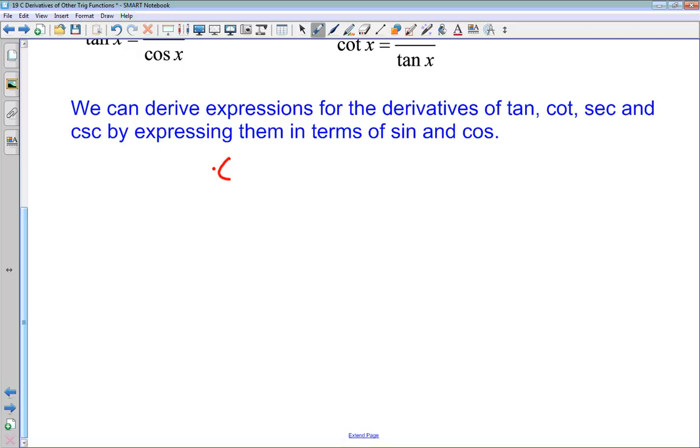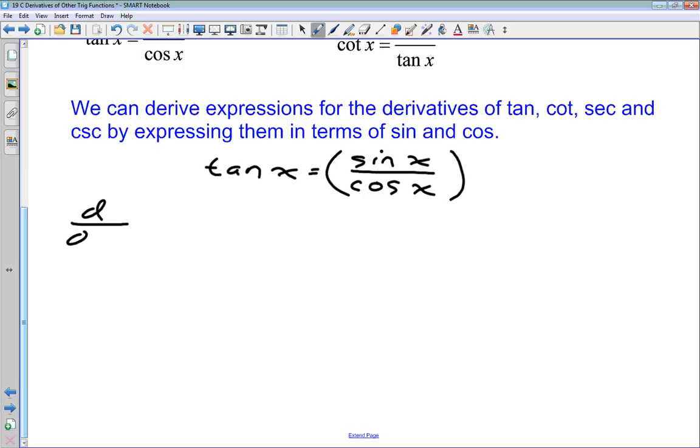So let's take tan x and think of it as sine x over cos x. If I wanted the derivative of sine x over cos x, well, I would use the quotient rule. So the derivative of tan x is going to be, let's see, if we apply the quotient rule to sine x over cos x, the derivative of sine is cos x.